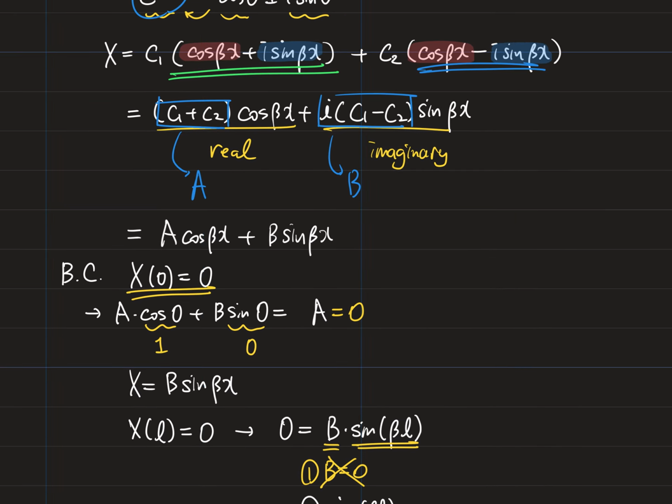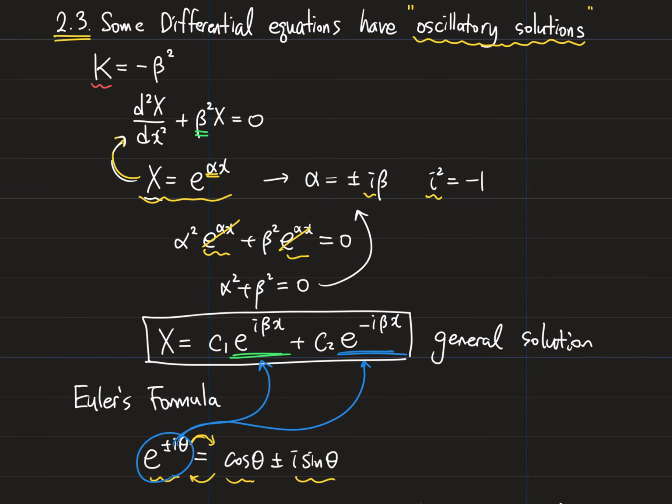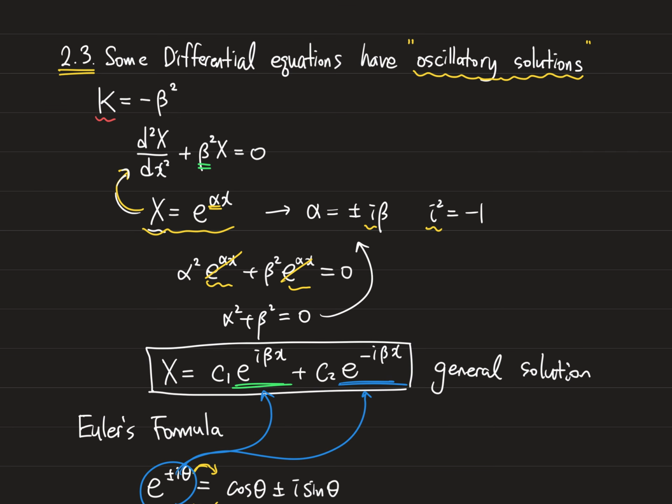If we go back earlier, we introduced the beta as a separation constant. So fundamentally, the beta can be any value, I mean, any real number.